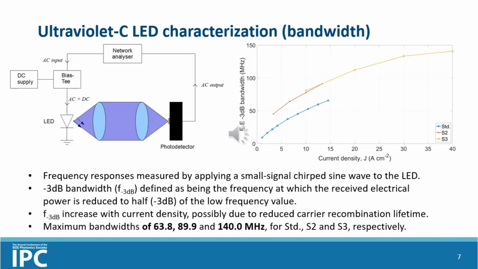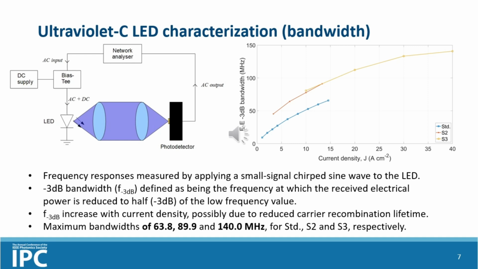The next thing we characterised was the LED's frequency responses and bandwidths. So the frequency response is a measure of the LED's output signal as a function of frequency, and we measure that using the setup on the left, where we have a small signal chirped sine wave applied electrically to the LED, and we measure the corresponding optical output with a fast photodetector.